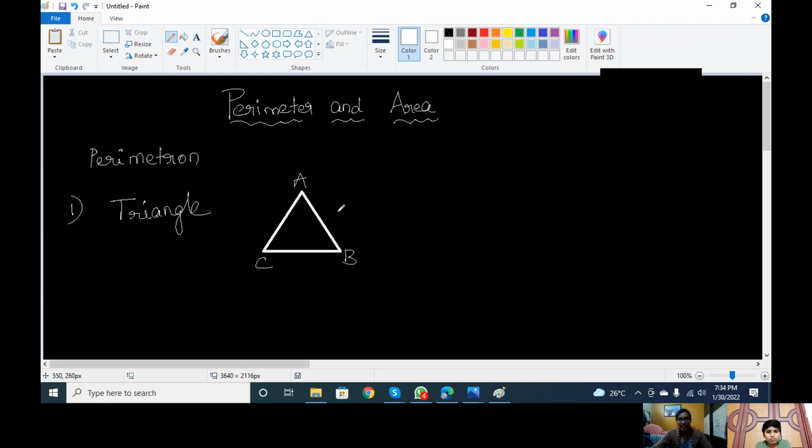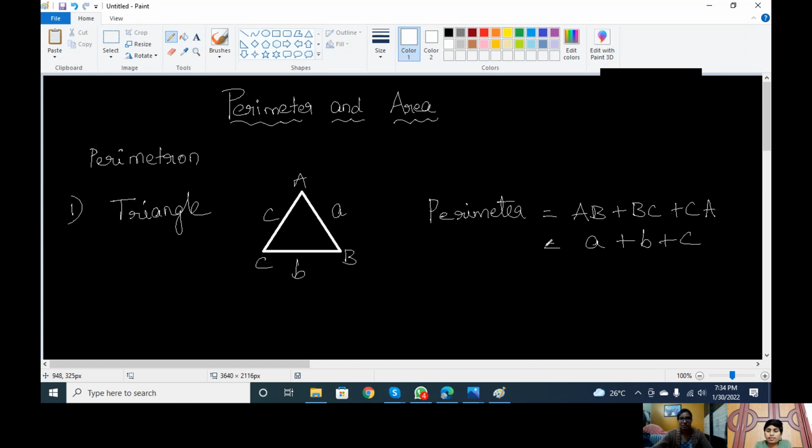If I take AB as a, BC as b, and CA as c, then the perimeter P of a triangle is the sum of three sides, AB plus BC plus CA, which is nothing but a plus b plus c.